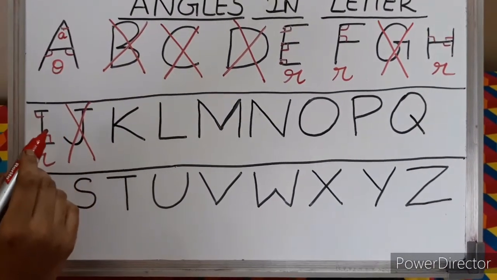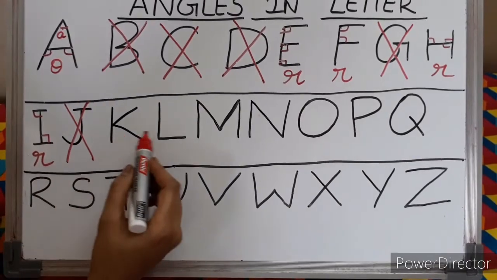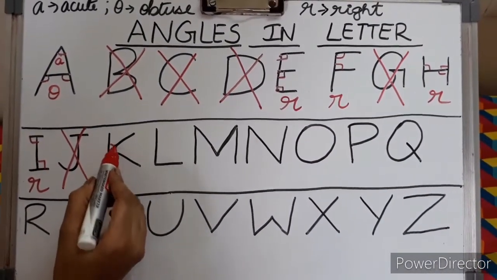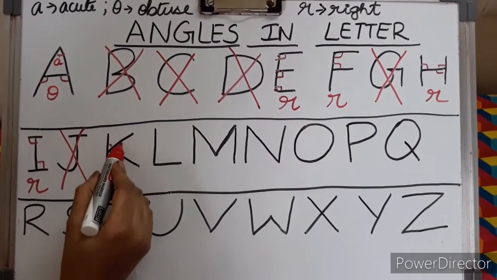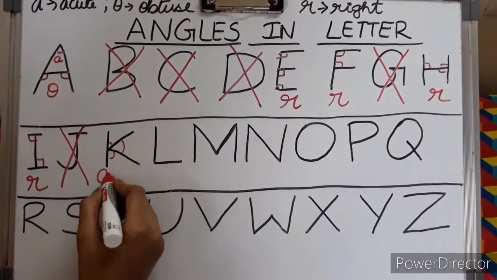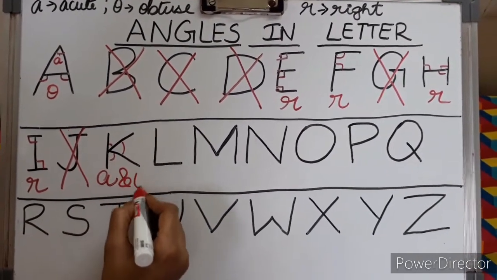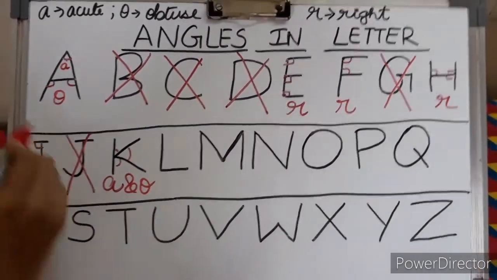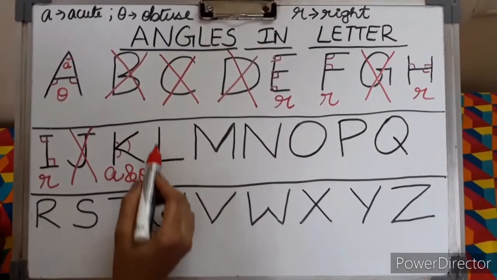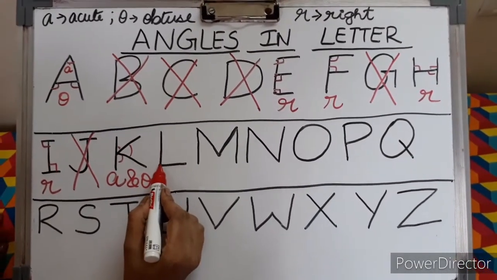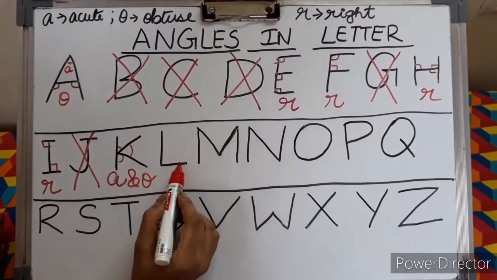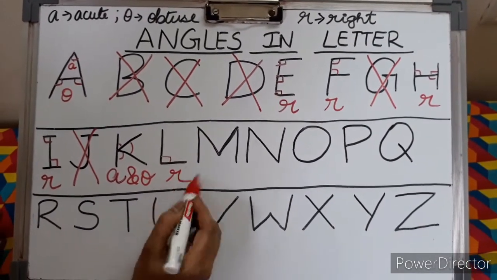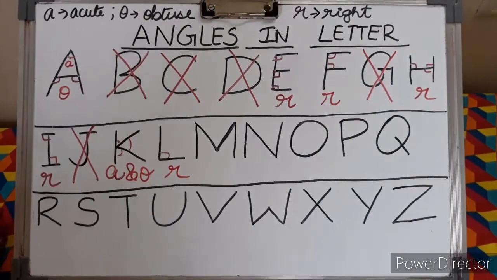For K, I can see an acute angle and also an obtuse angle. So for letter K there is both an acute and an obtuse angle, the same as A. Now for L, there is again a fixed point from which two rays are coming out, so a right angle is formed in letter L.